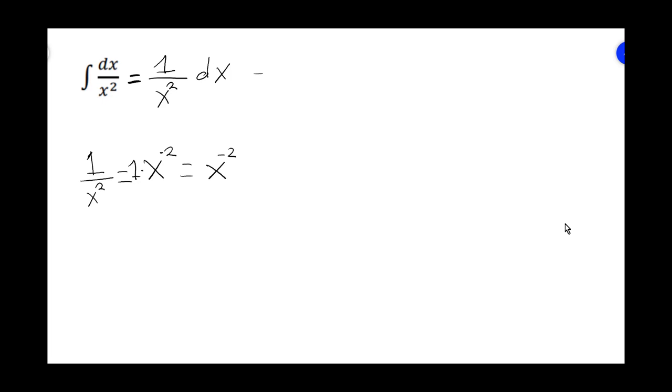So we're going to say that this is the same as x minus 2 dx, and we're going to apply the power rule.